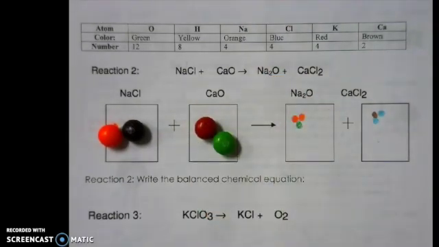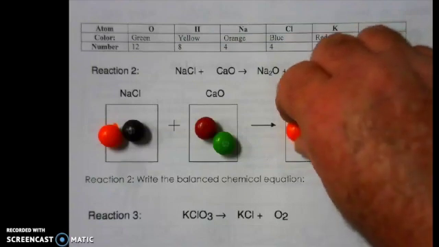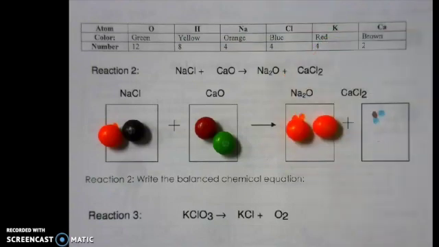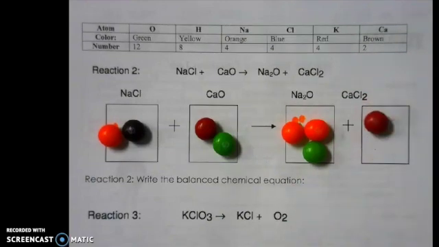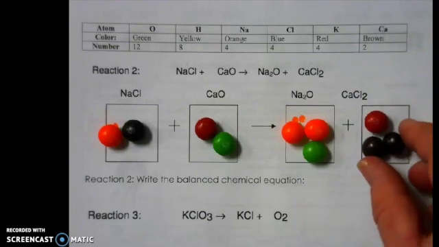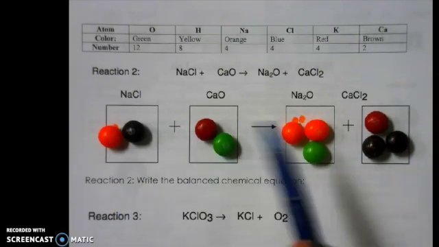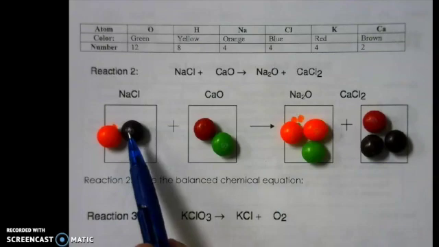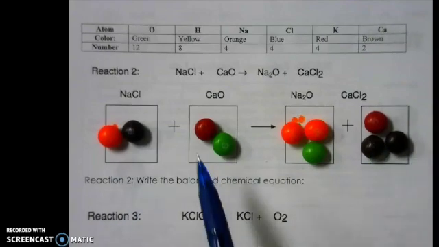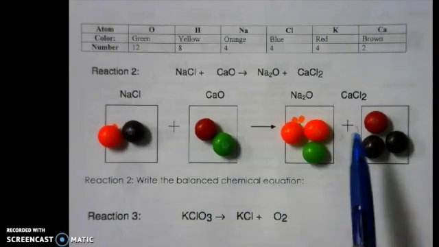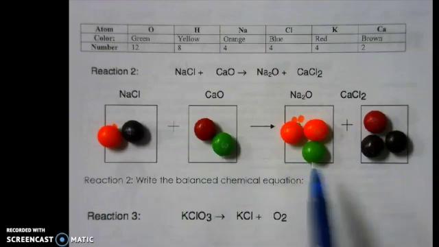Over here, we've got 2 sodiums and 1 oxygen, and then 1 calcium and 2 chlorines. So we can see from the candies that they don't match up. We've got 1 sodium, 2 sodiums, 1 chlorine, 2 chlorines, 1 calcium, 1 calcium, 1 oxygen, 1 oxygen.